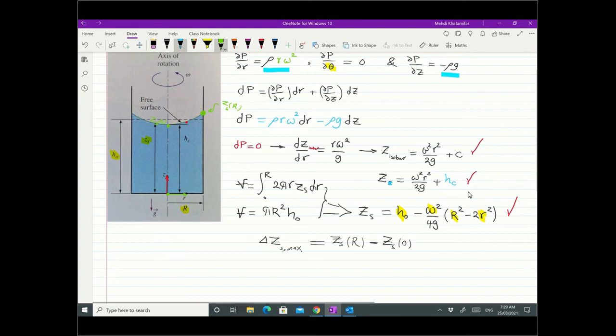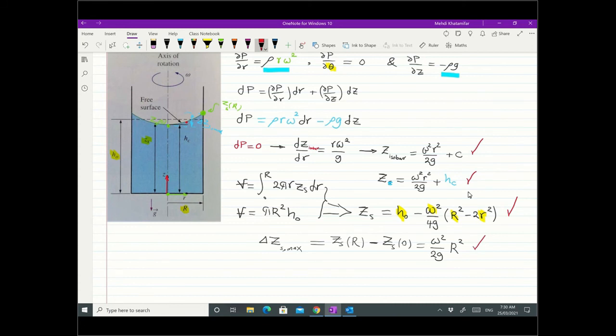So that height difference is going to be the maximum. If I put the values here using the previous formula, delta zs max is going to be omega squared divided by 2g times r squared. So this is our maximum height difference between the surface at the center and the side.